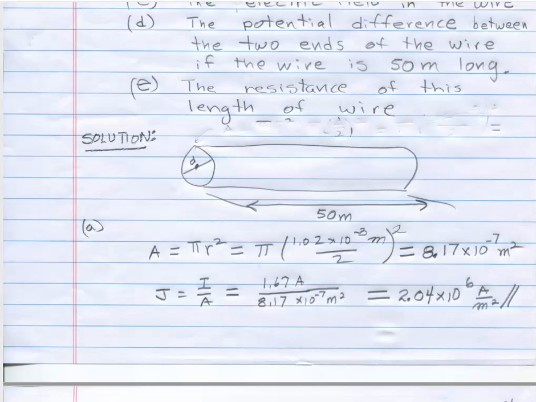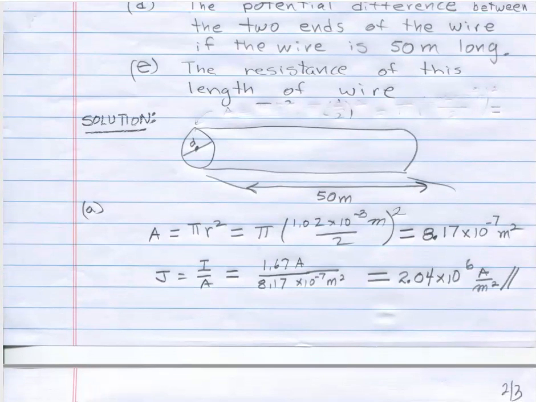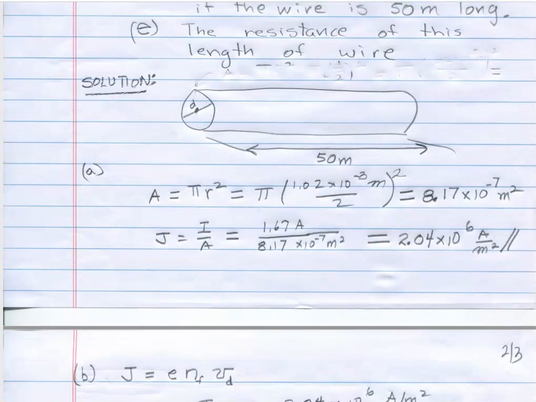That's pretty typical for normal household currents and the current density in wire.